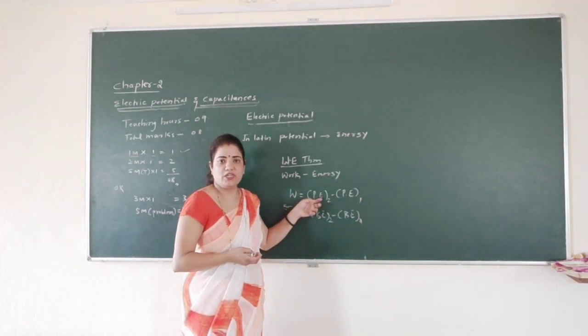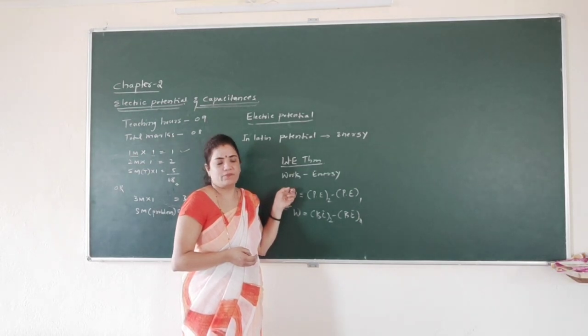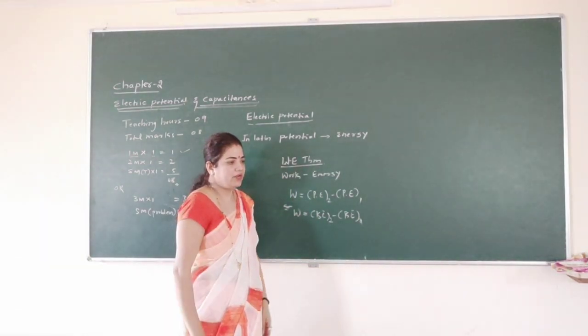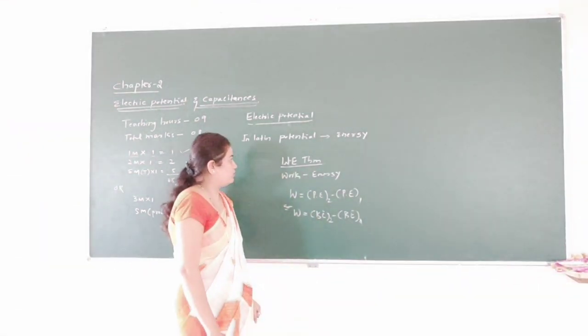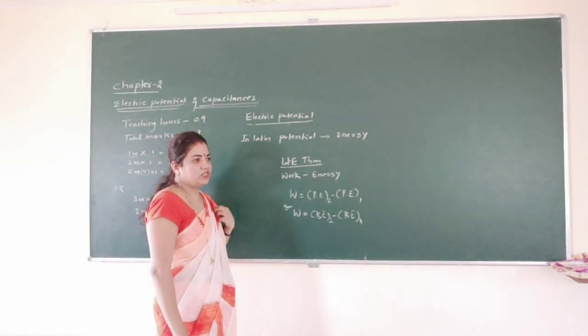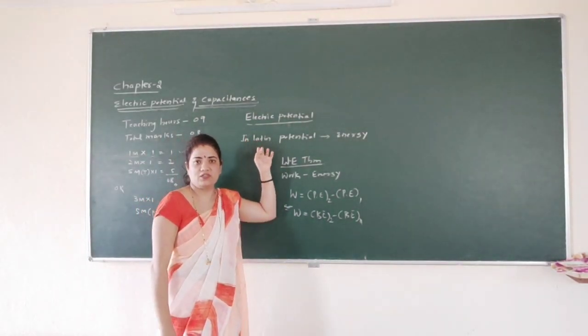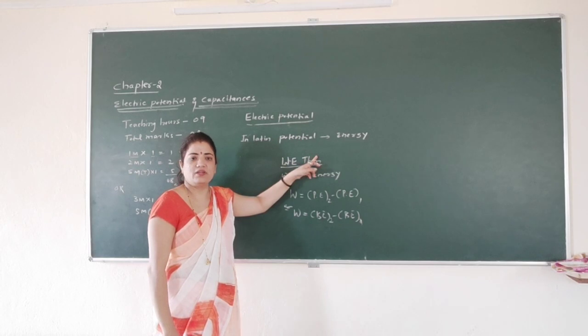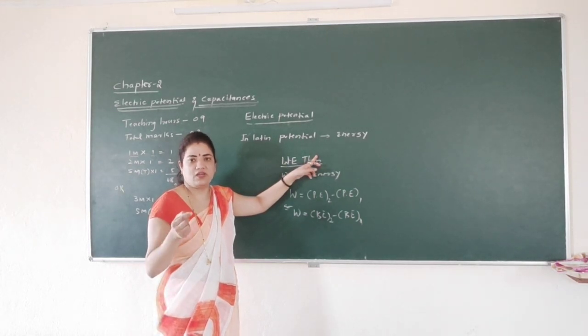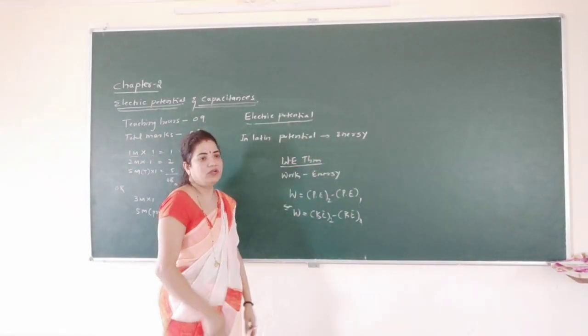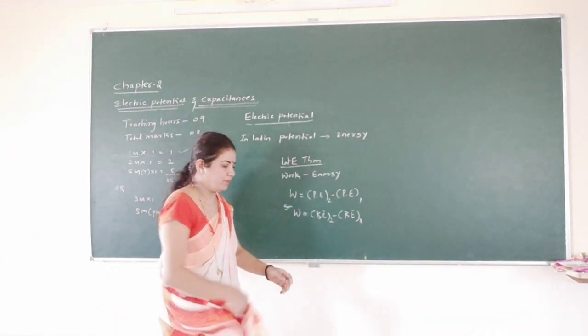Due to potential energy also, the object gets the capacity to do some work. So both are dependent. See here what we are going to study: electric potential. Electric means charge, potential means energy. The energy of charge we are going to study, when a charge acquires energy. That is what we are going to discuss in detail.